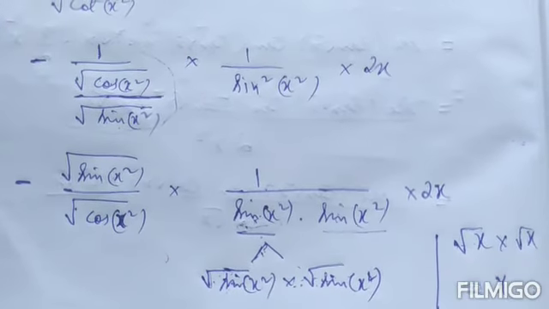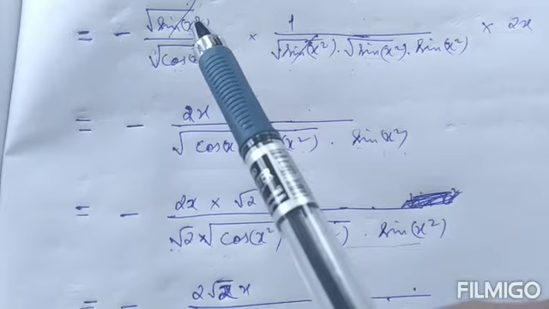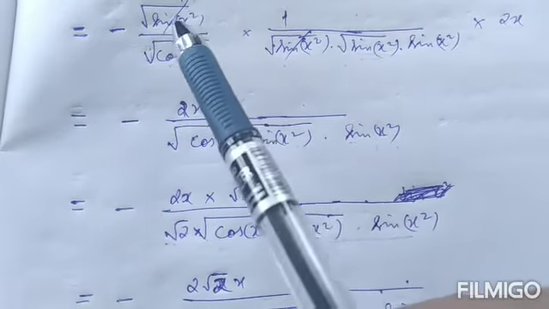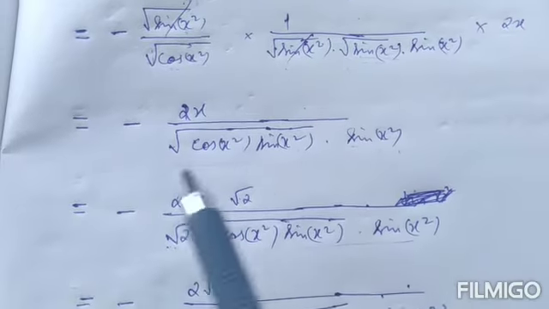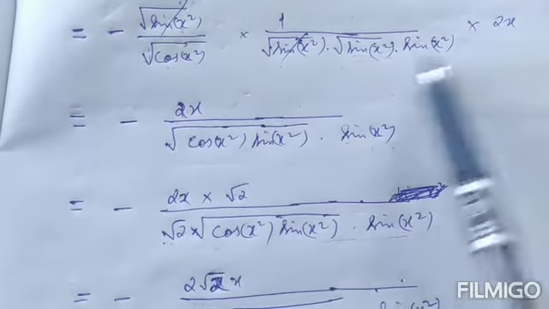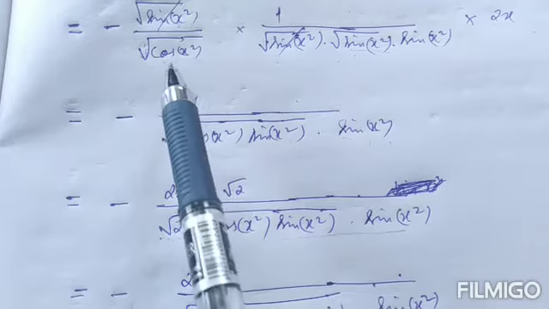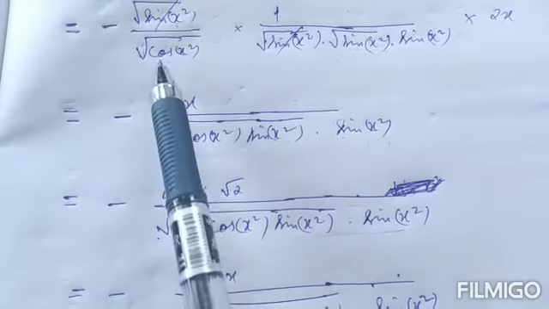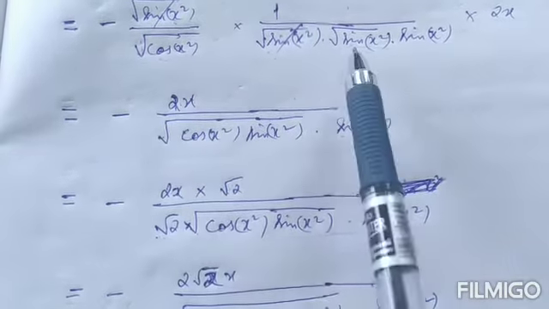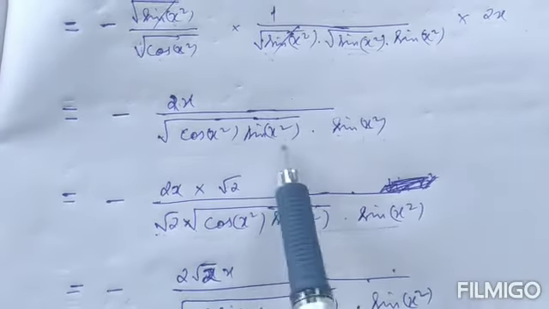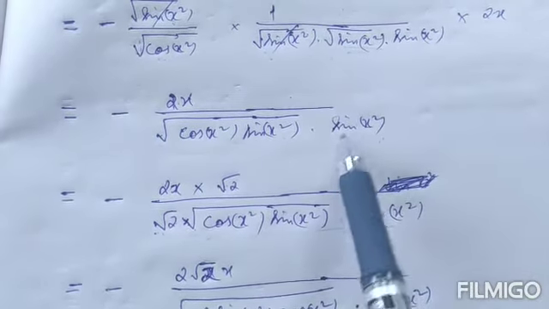So what I have on the next line: I cancel square root of sine and square root of sine. So what I'll have on the numerator is only 2x, and on the denominator I take the square root common. That means inside the square root, cos of x square and sine of x square, and then sine of x square remains the same.